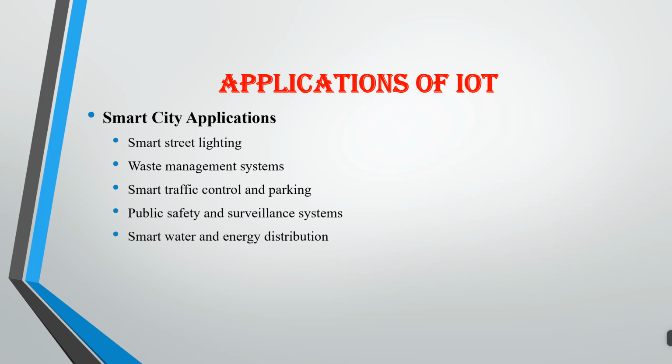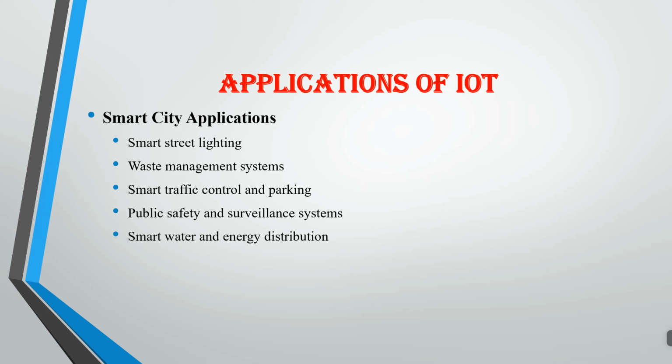On some occasions, when there are vehicles moving or some movement is observed, the street light will automatically turn on. If there is no movement observed, the street light might be off. So these are all various innovative applications which could be applied in a smart city. So IoT can also be used for smart city applications.